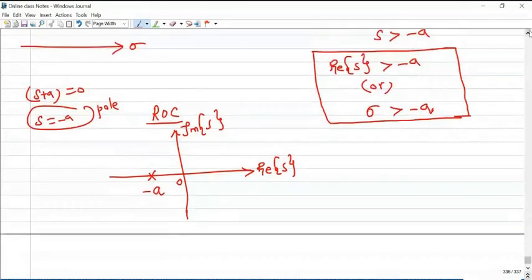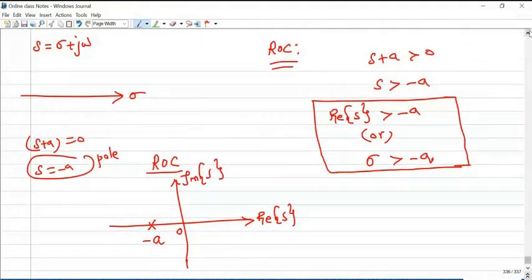What is the region of convergence we got from the problem? s plus a greater than 0. For this condition only, we got X of s. If this is less than 0, our X of s is infinite. Okay. From this particular expression, we derived sigma is greater than minus a.